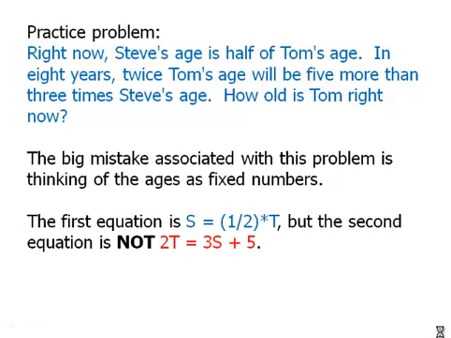But for the second equation, we cannot just say, well, twice Tom's age will be 5 more than 3 times Steve's age, 2T equals 3S plus 5. We can't say that because in 8 years, the ages will be different, and we need to take that into account. It's not enough to say that T is Tom's age. We have to specify Tom's age when.